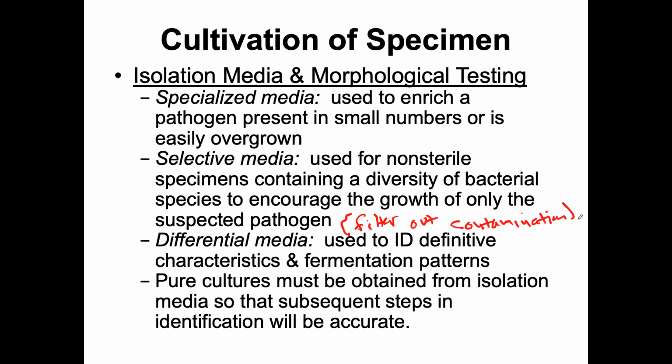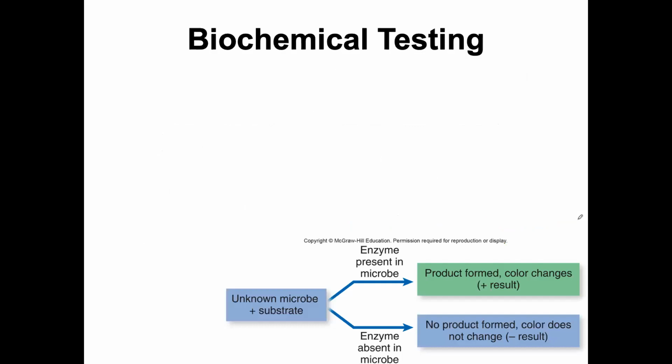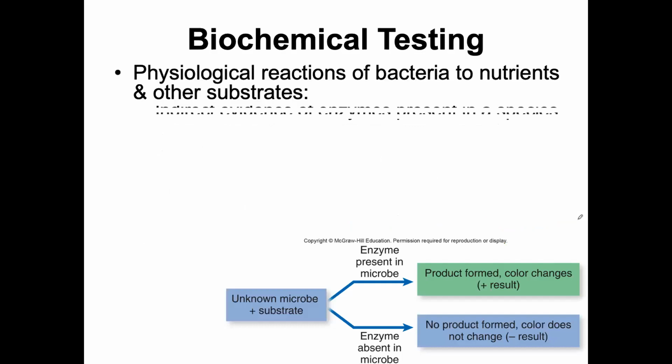A pure culture has to be gotten before isolation media is used so that the other steps are going to be accurate, right? In biochemical testing, we ask the question, what molecules are on the surface or inside, in some cases, the bacteria, all right?